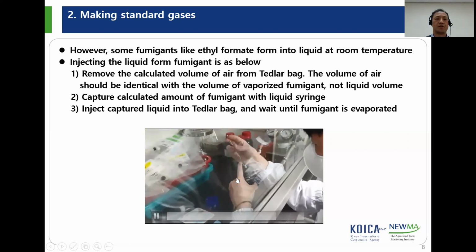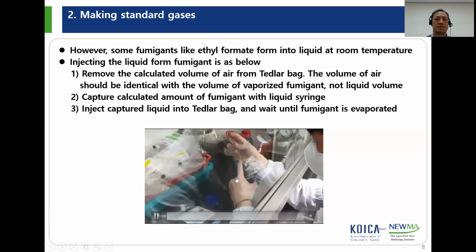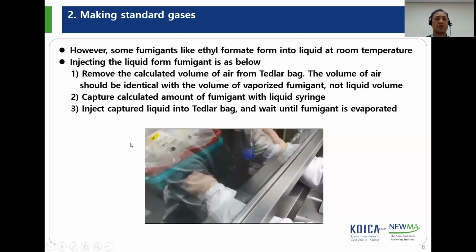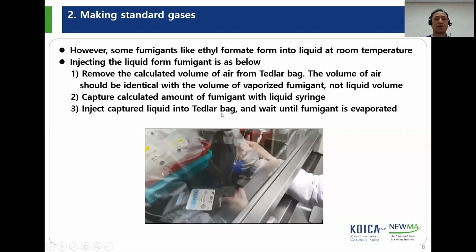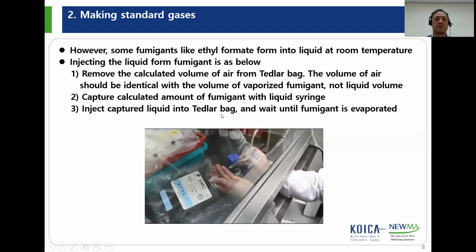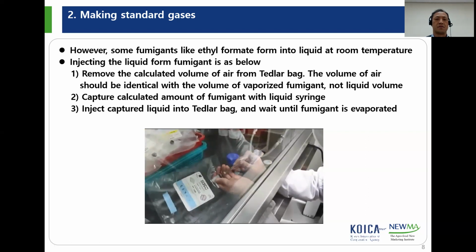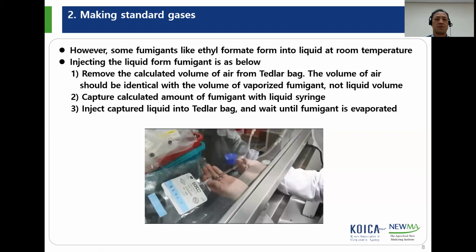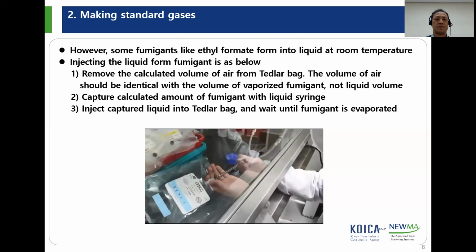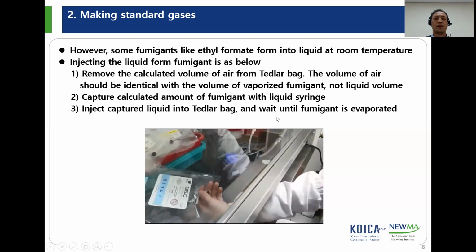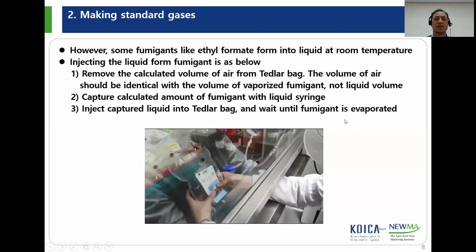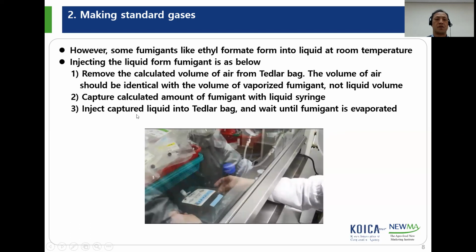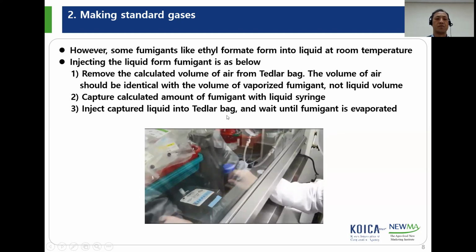This is the Excel format. Inject the liquid into the tedlar bag, and wait until the fumigant is evaporated. That's why we have to remove the air volume.